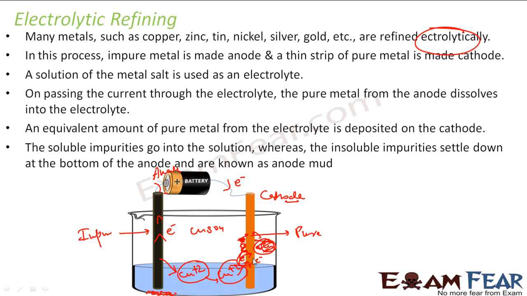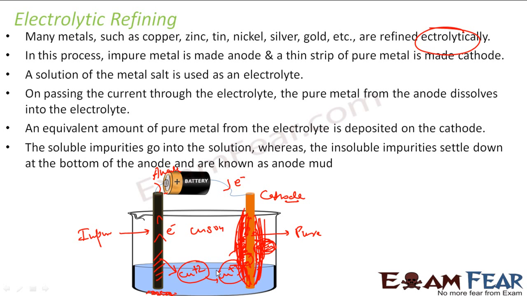It's negative, it's positive, and then it will merge with the free electrons and deposit on this copper plate. So gradually, this anode will get diminished and the cathode will get more copper. It will get thicker and thicker, and the anode will get diminished completely, right?